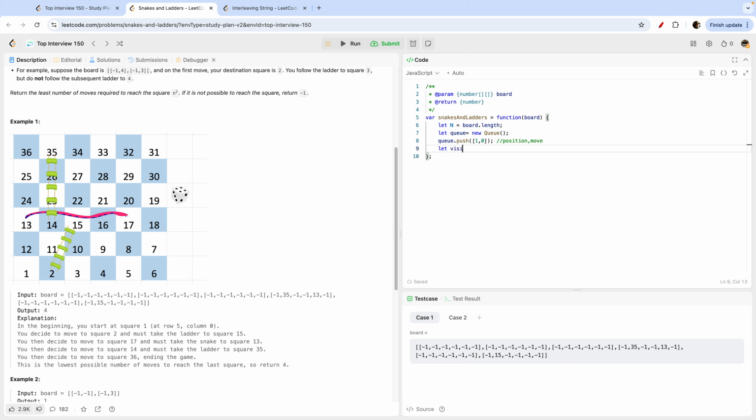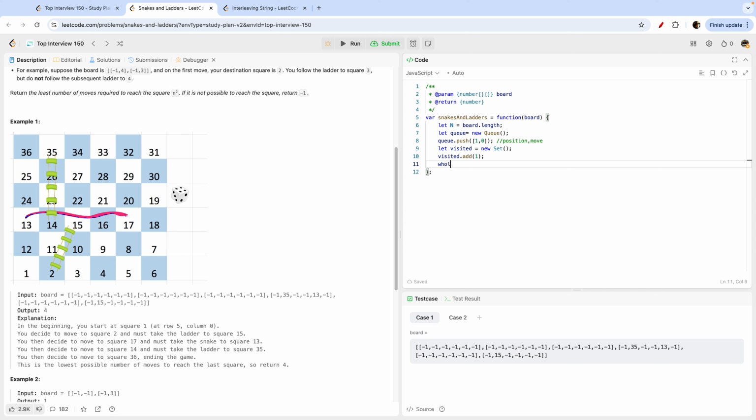So let visited equal to a visited set. Okay, so visited set, and we'll add this number one position as visited. Okay, visited.add position 1.